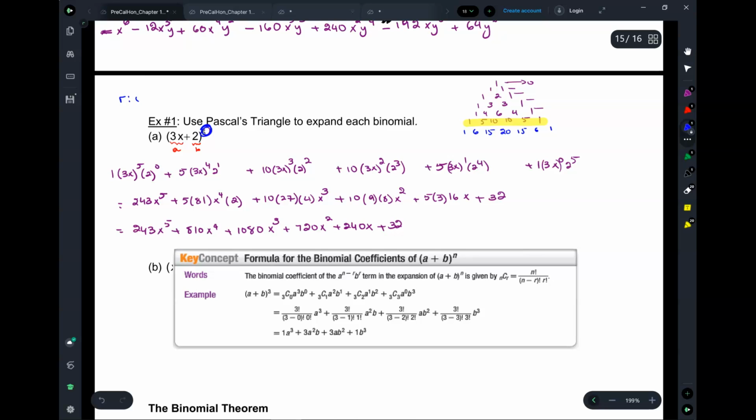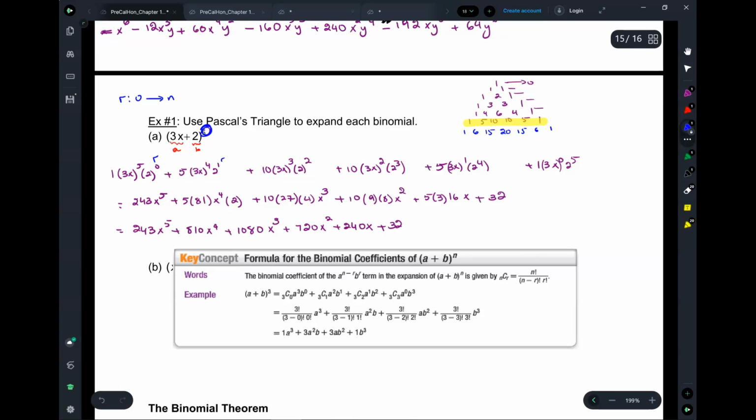Suppose r went from 0 to n. Look at what's happening here. Let's call all of these r, right? r is 0, r is 1, r is 2, r is 3, and so on, right?